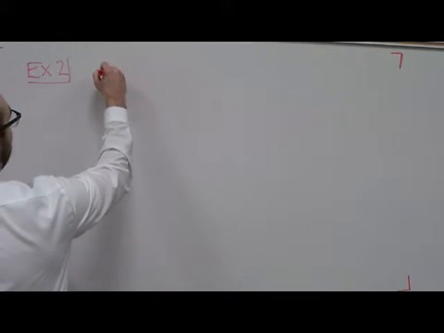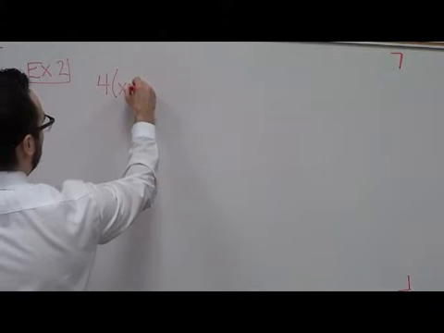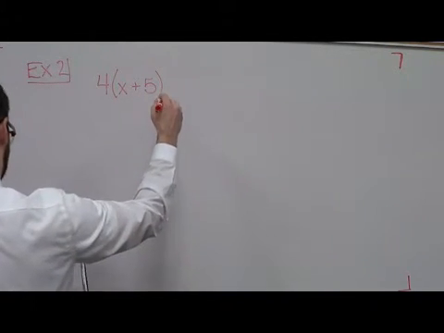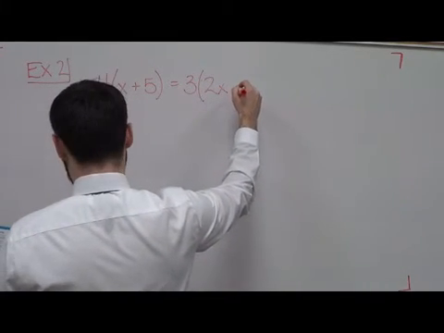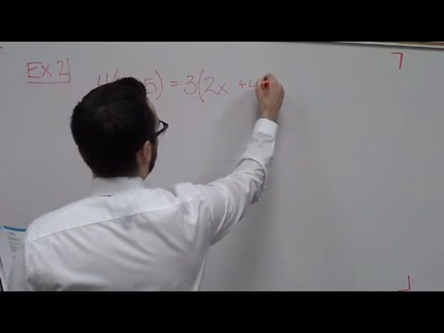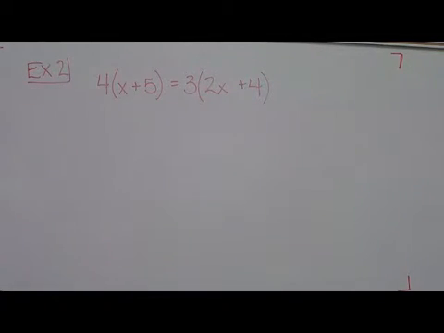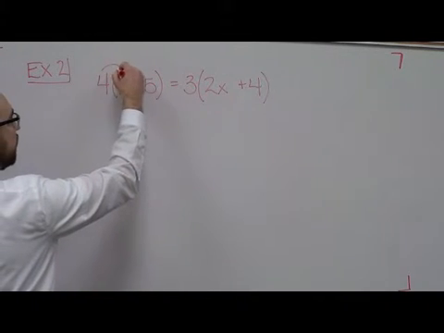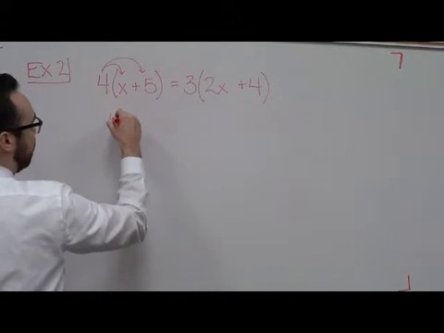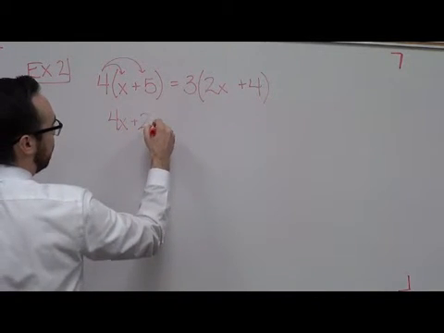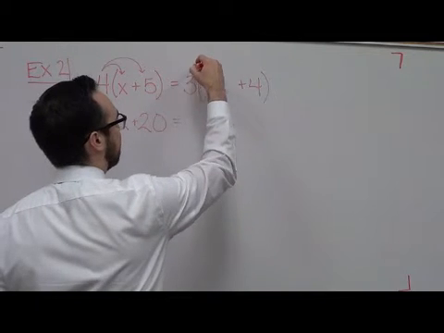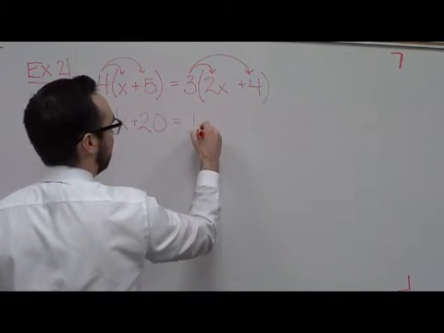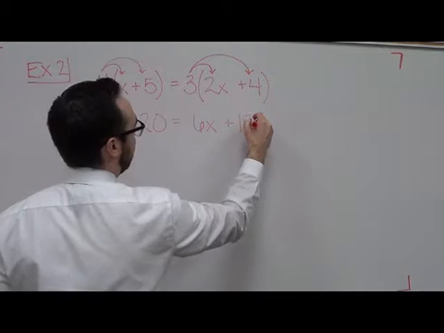So I don't know that we did this before, but if I have something like 4 times x plus 5 is equal to 3 times 2x plus 4. So again, we distribute on this side, the 4 to the x and the 4 to the 5. So we end up with 4x plus 20 is equal to, and then I can do the same thing over here, 3 times 2x and 3 times 4. So that gives us 6x plus 12.